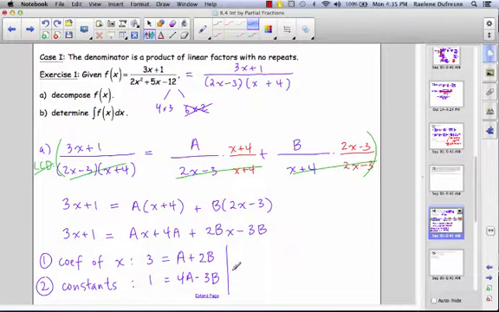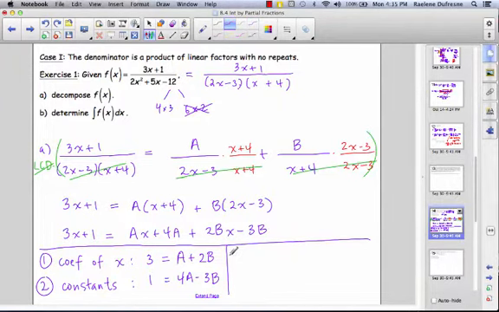However, another method or approach to solving is to recognize that I can substitute in different values for x, and the left side must be equivalent to the right side. And it might be easier to take a look at substituting in for x from the factored form. For instance, if I know that A is being multiplied by x plus 4, then when x is equal to negative 4, the A will be multiplied by 0.